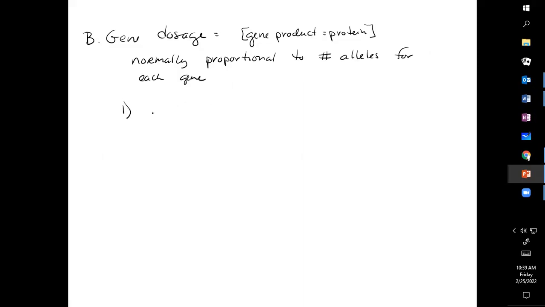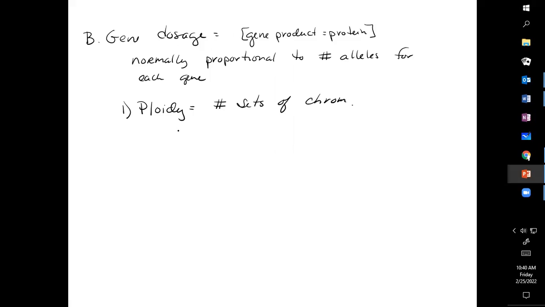So normal gene dosage in a diploid organism is 2x essentially, right? The number of sets of chromosomes, the number of alleles for each gene that an organism has, is called its ploidy. So the ploidy is the number of complete sets of chromosomes.